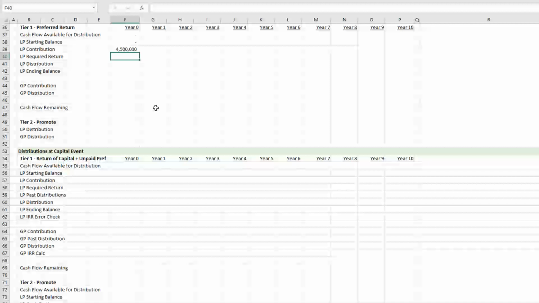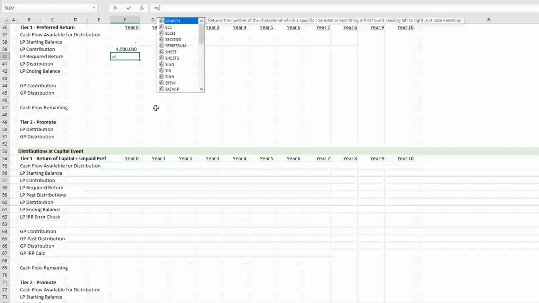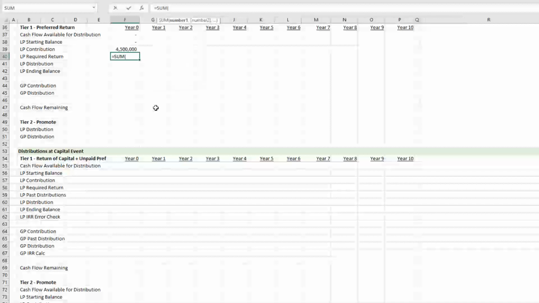And so how we calculate this is we go equals, and we're going to sum up all contributions as of the beginning of this period. To do that, we take the sum of all values starting at the previous cell, in this case E39, through to, oops, hit F2 again, the period exactly before the current period we're in.